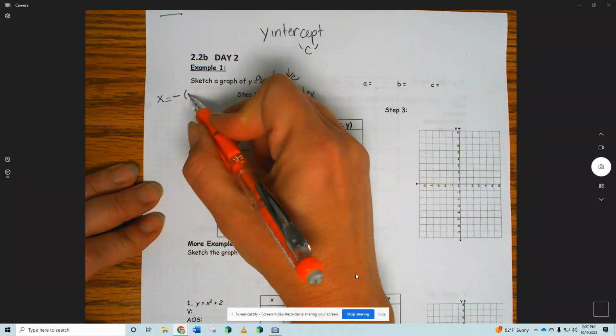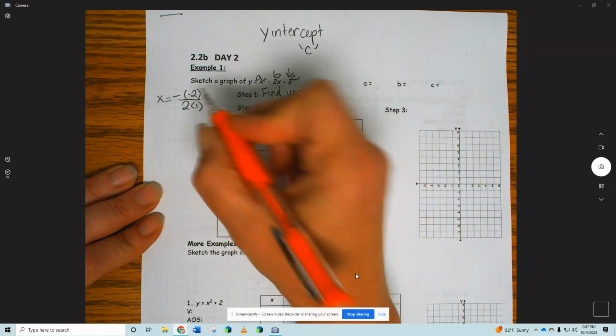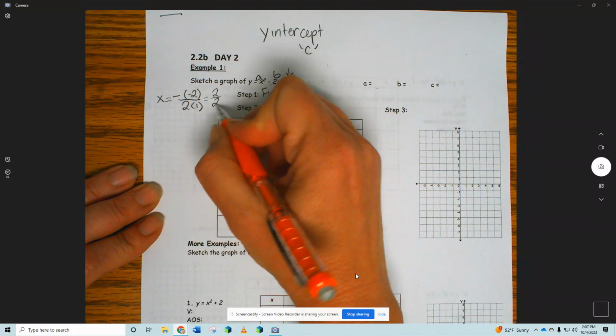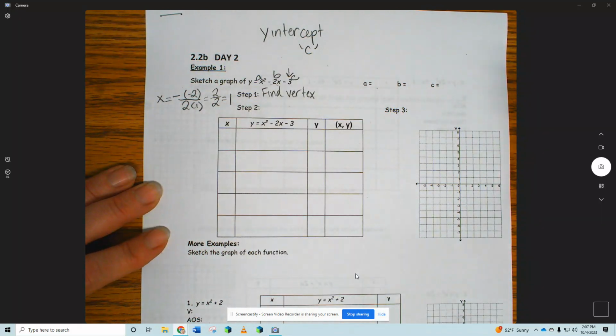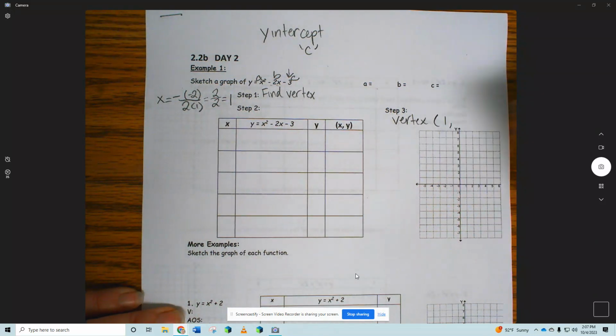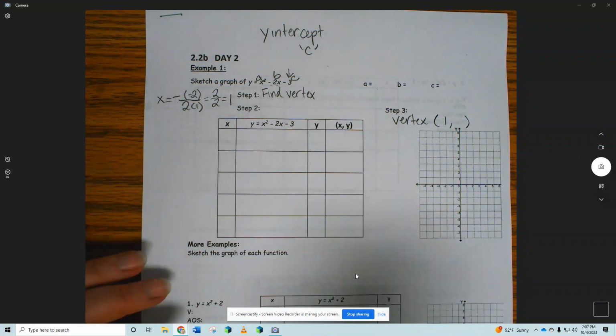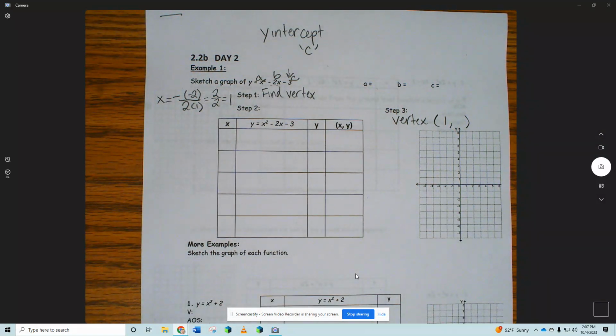-2 over 2 times 1. 2 over 2, 1. So my vertex is going to be 1 comma something. I don't know. How do I find my y?